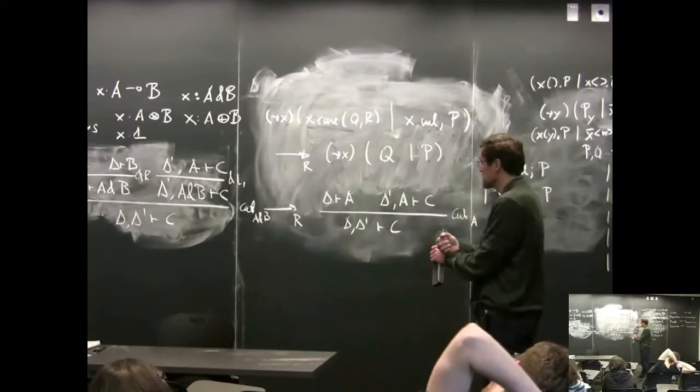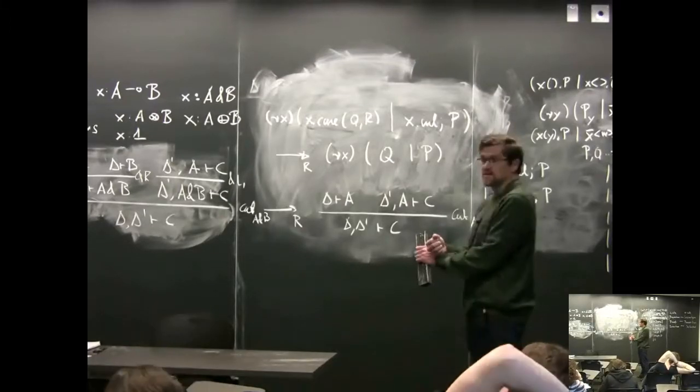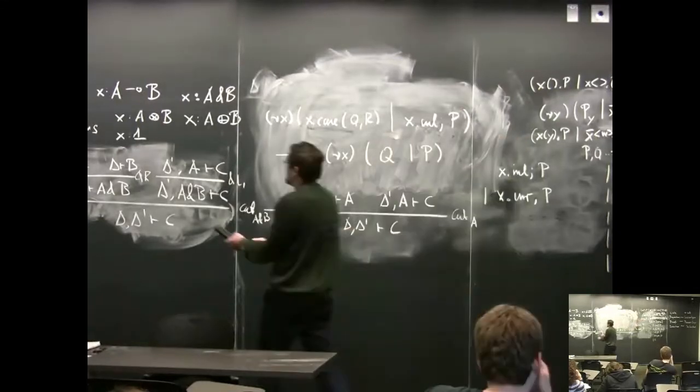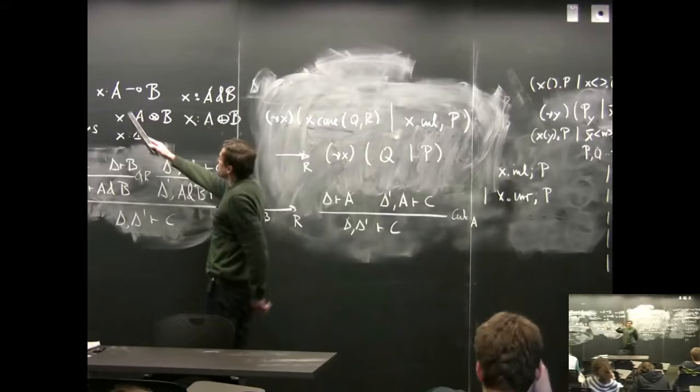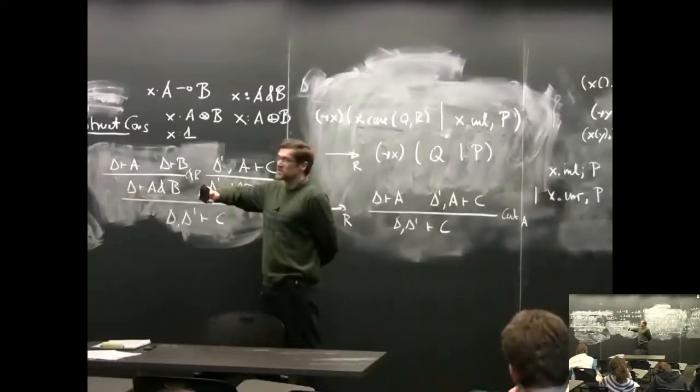I'm not going to write it out, but you can read it in the paper, or write it out yourself, since it's completely symmetric. So let's look at what we have right now. Let's take the point of view of the server.